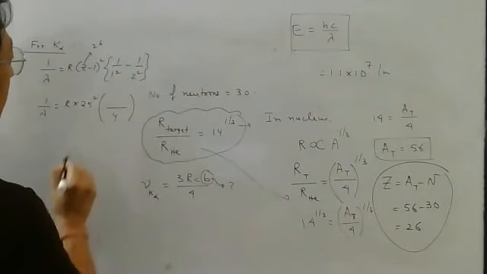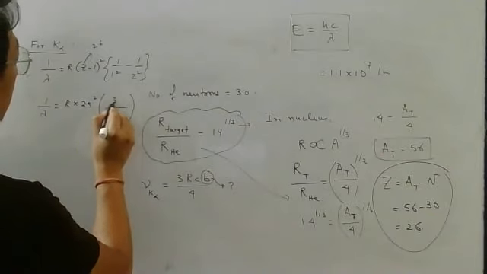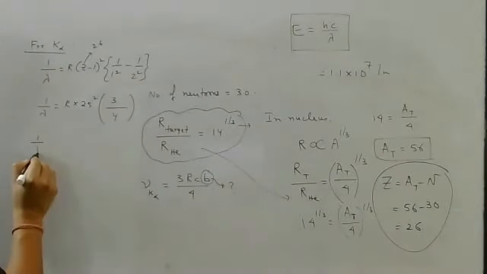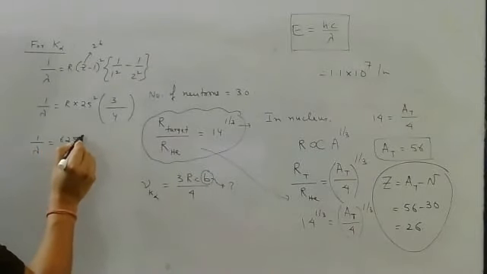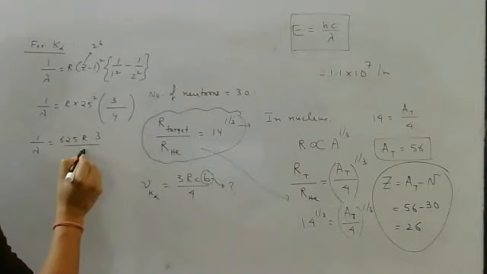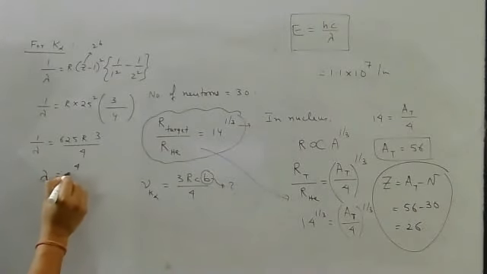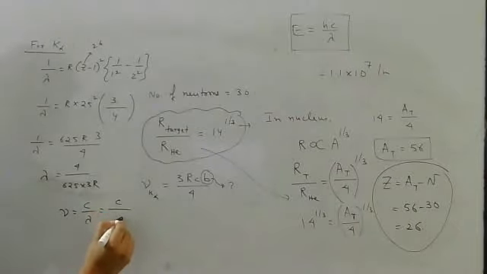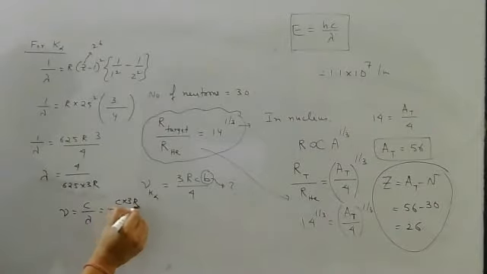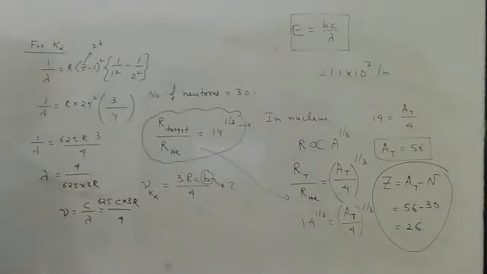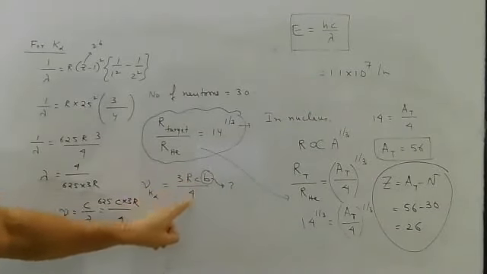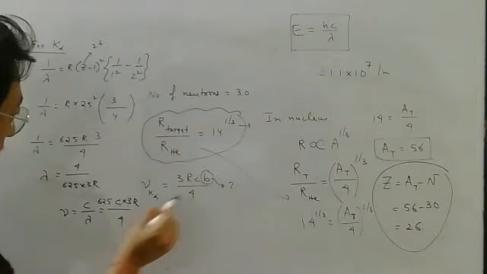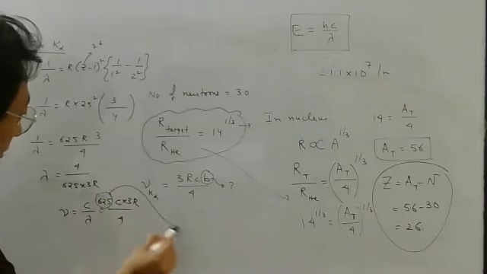This will be 4 LCM, 4 minus 1, 3. So 1 by lambda will be 625 R 3 by 4. What is there? 4 by 625 into 3R. So frequency is velocity by wavelength. So velocity substitute, 3 by 4 into R into 625. So what is the answer? 3RC by 4. So this B must be 625, right?